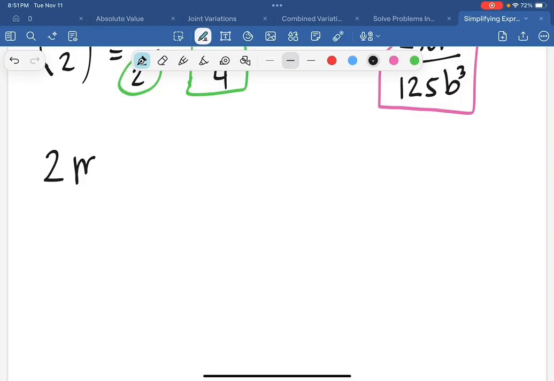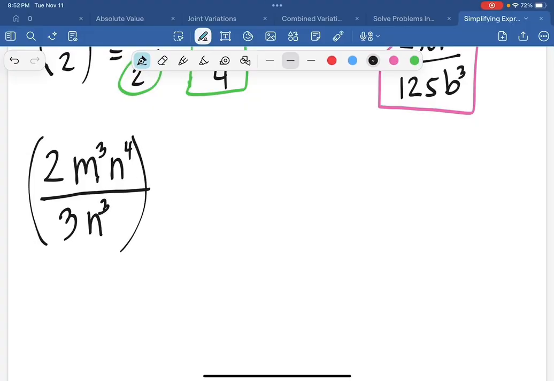Now, how about this one? 2 m cubed n raised to 4, over 3 n cubed, all raised to 4. Now, I will give you 2 options in how to solve this. Let's have option 1.